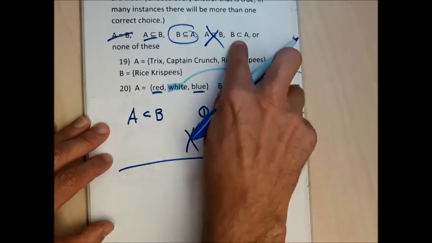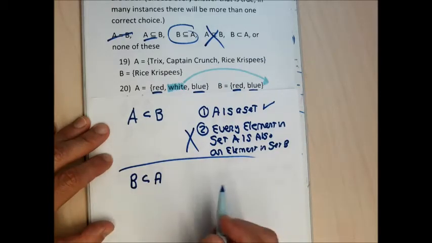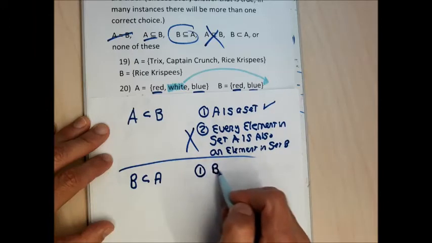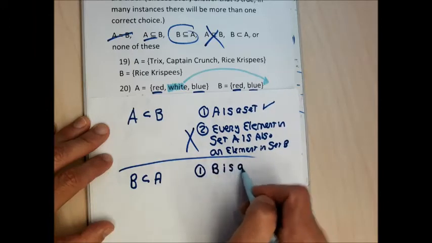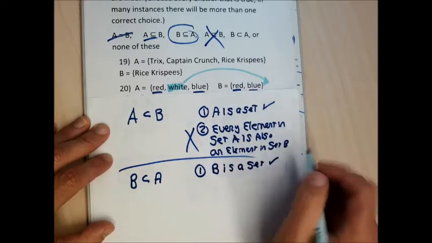On to my last choice, is B a proper subset of A? So for 3 rules for proper subset, first, B has to be a set. B is a set because it's written in set braces.